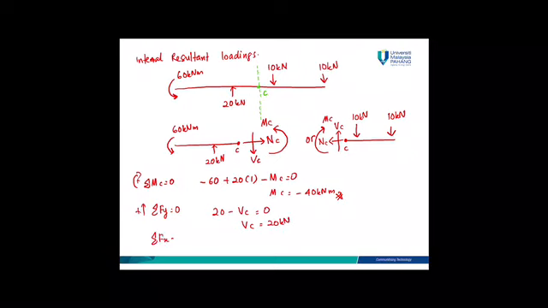Summation Fx is equal to 0, then you know that NC is equal to 0. This is your answer. This one also is your answer. I chose the calculation from left, so I will erase this one. But if you would like to do the calculation from your right, it's okay. You will still get the same answer.